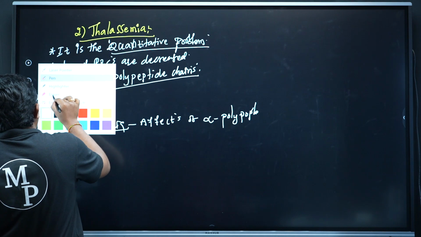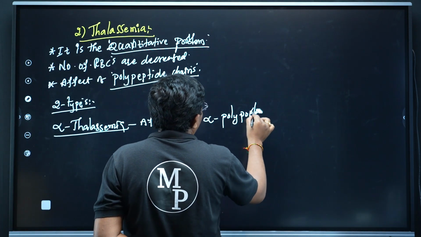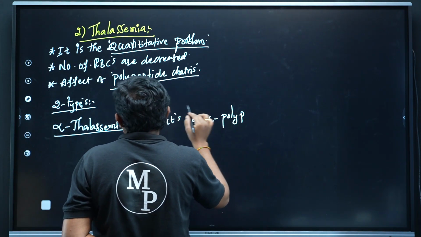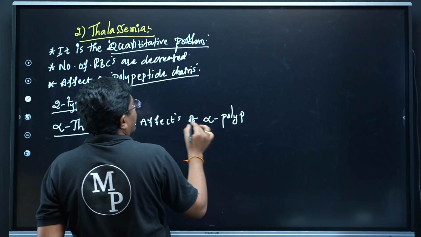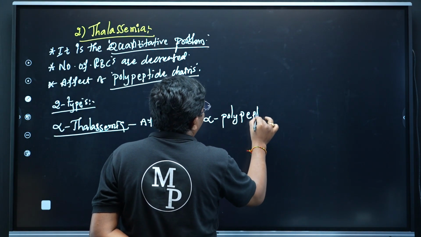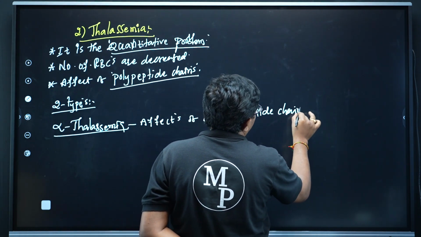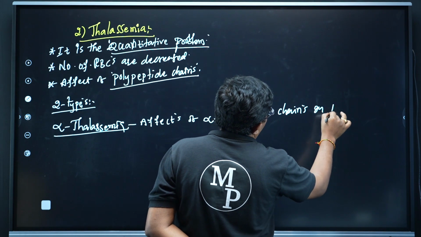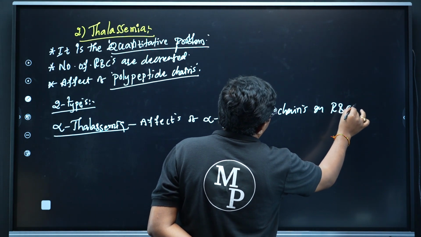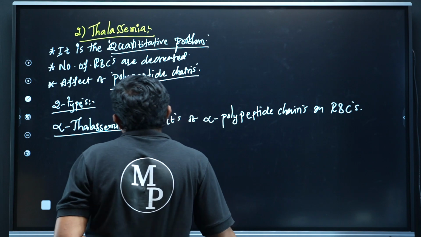It is the effect of alpha polypeptide chains on RBC. Okay.